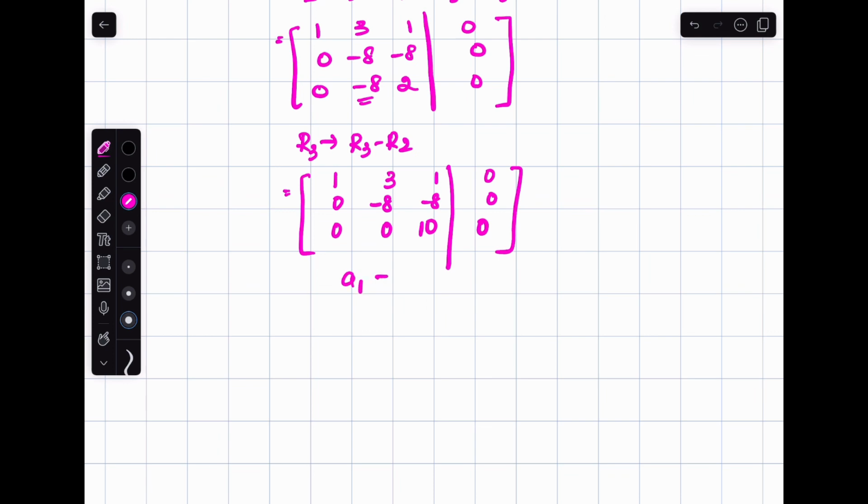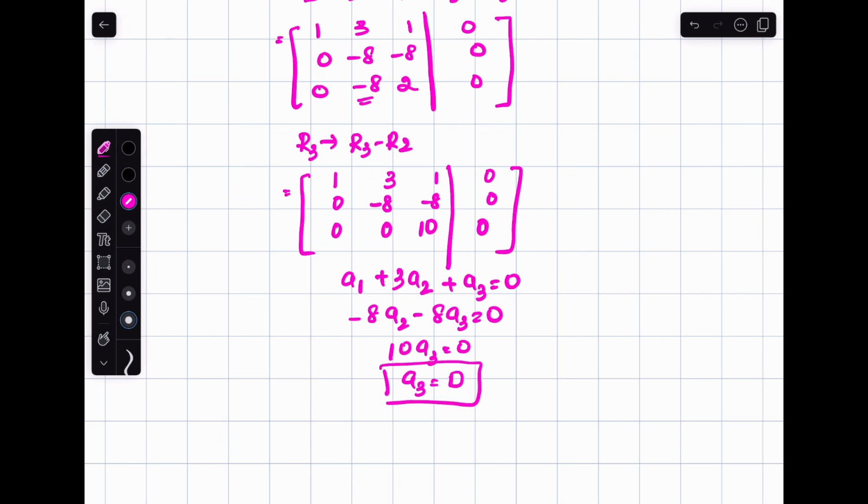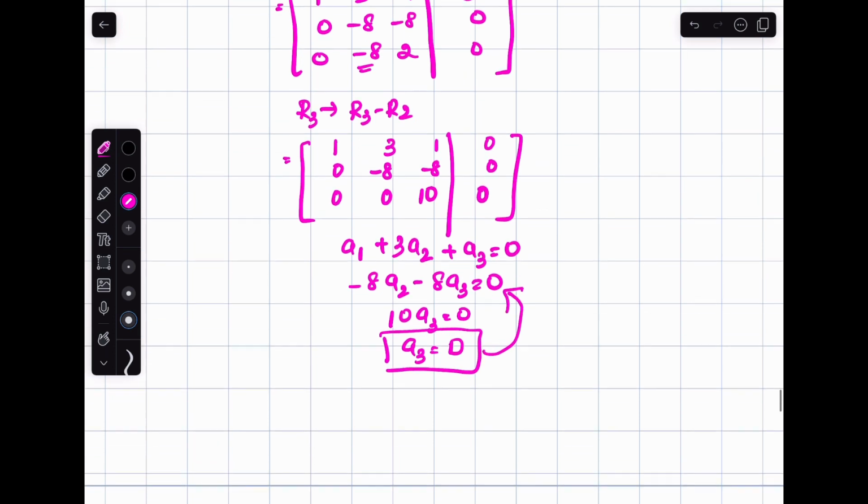So it is a1 plus 3 times a2 plus a3 is equal to 0. Then a2 minus 8 a3 is equal to 0. Then 10 times a3 is equal to 0. Therefore a3 is equal to 0. Now we apply a3 to the second equation: minus 8 a2 minus 0 is equal to 0, therefore a2 is equal to 0.